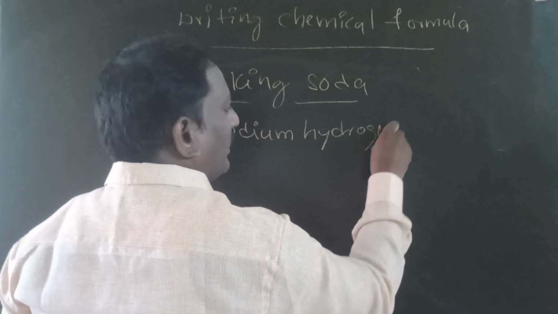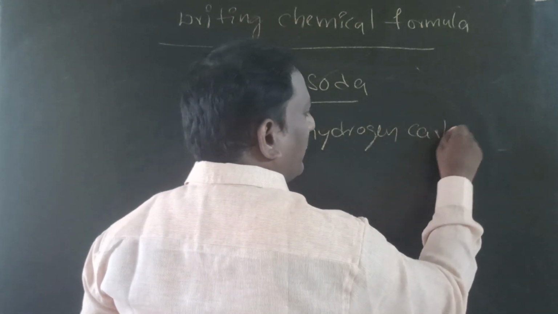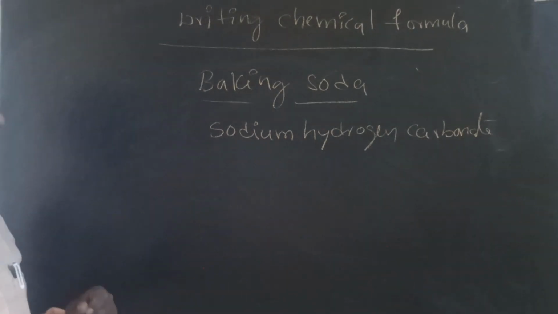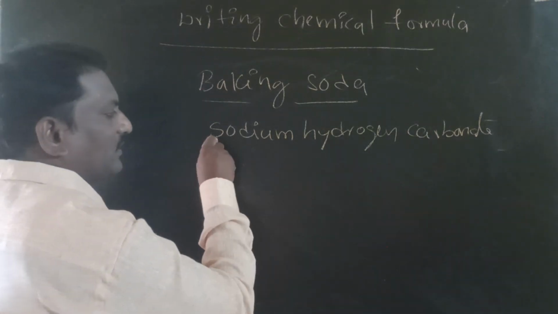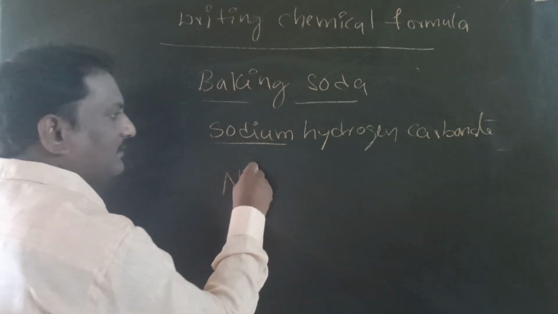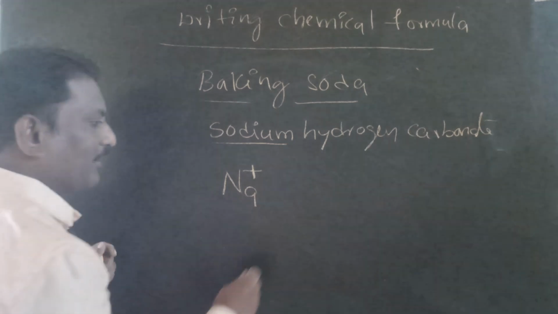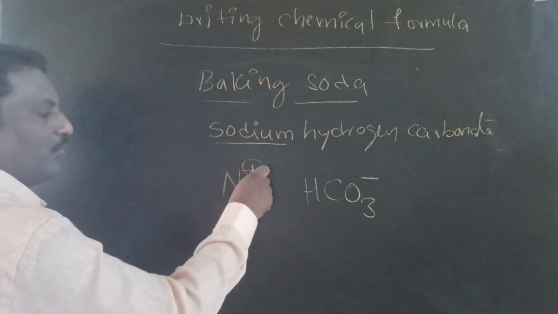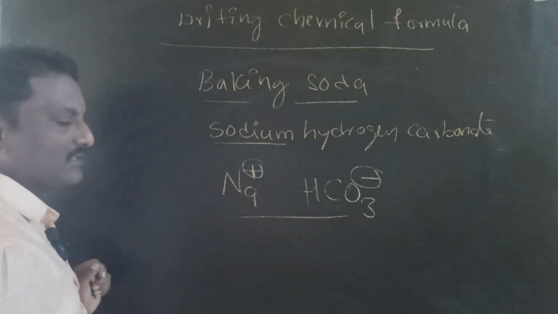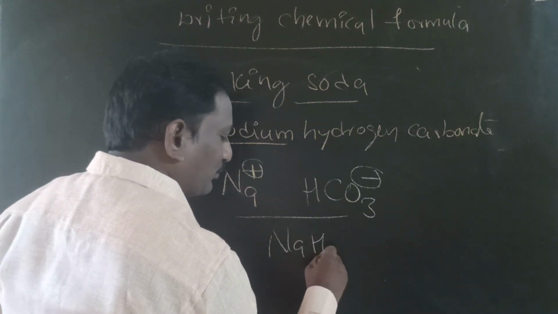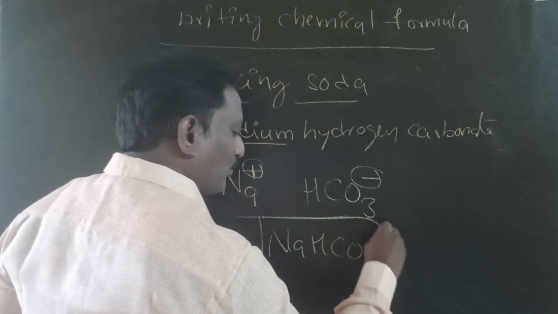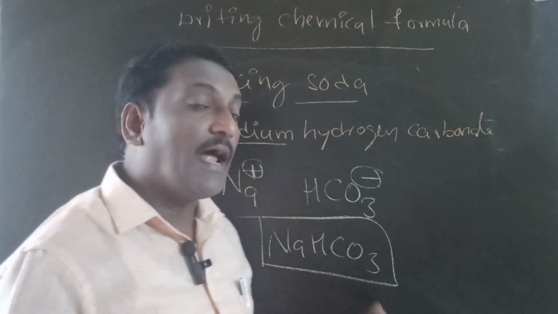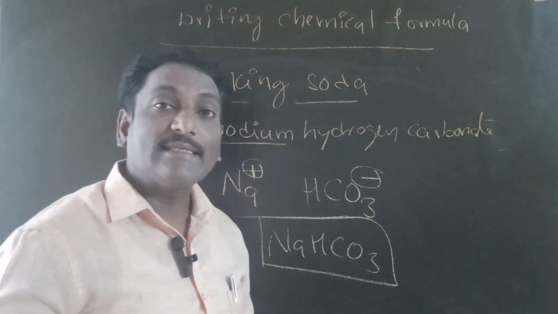In this one, sodium is Na plus ion, and hydrogen carbonate, or bicarbonate, has the formula HCO3 minus. Both are equal in magnitude, so no need to crisscross. Directly we should write NaHCO3.